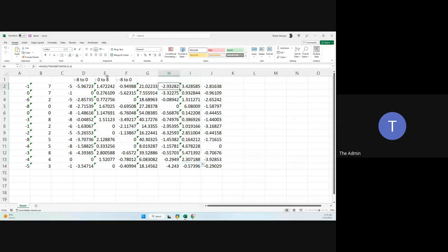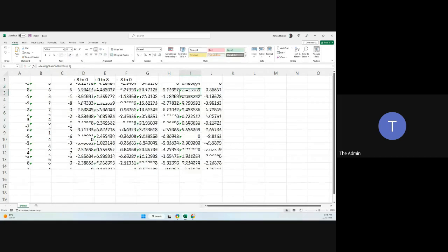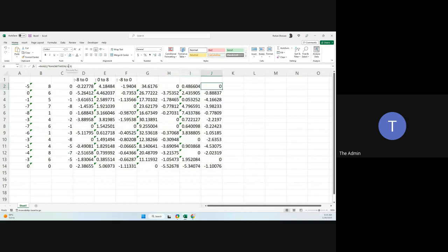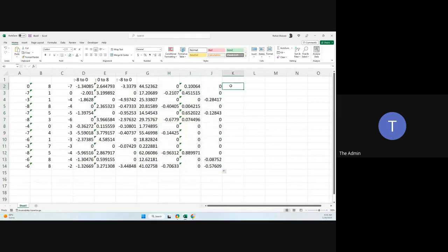Oh, I have to change the value. Let me take 2 here because I want some validity there.